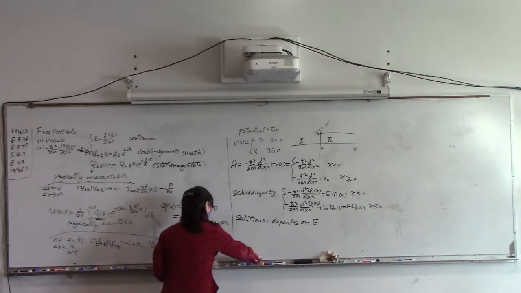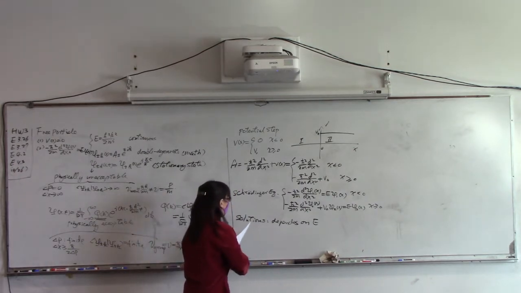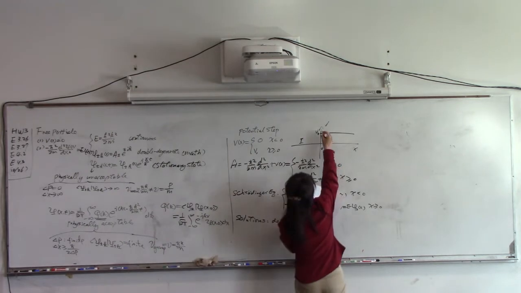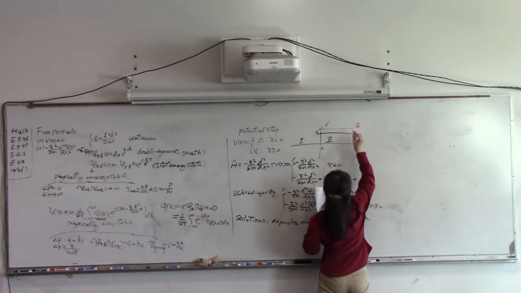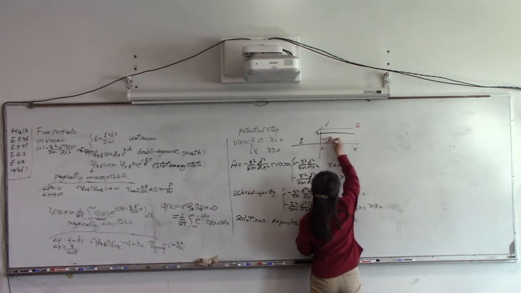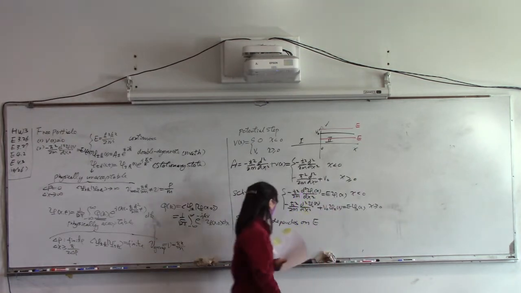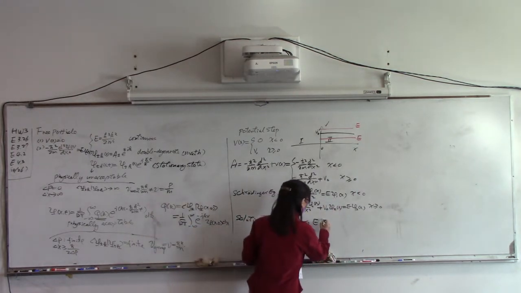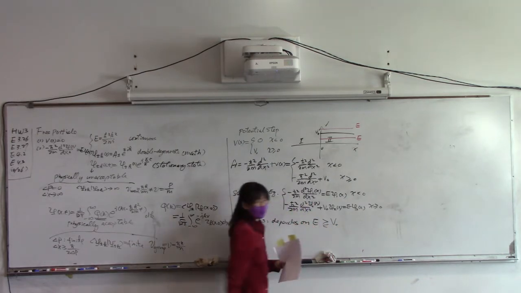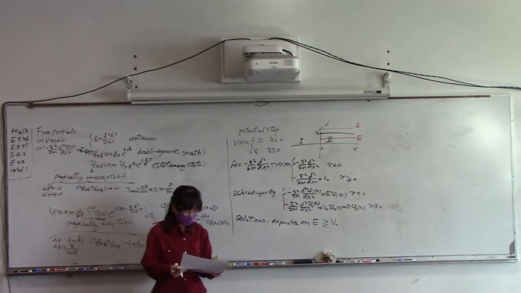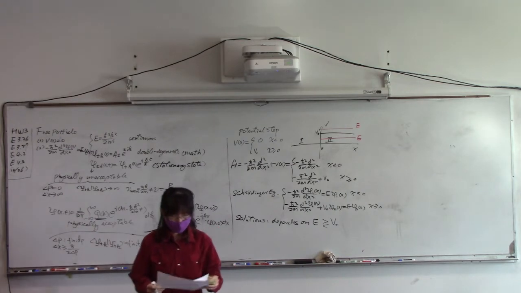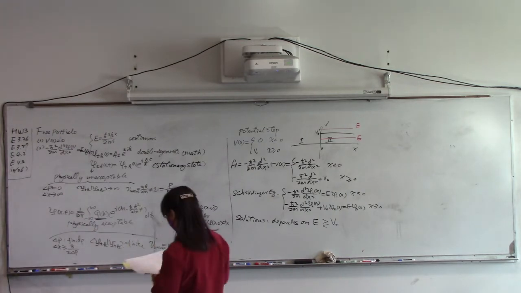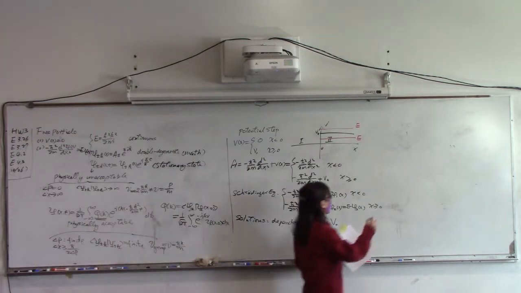If the initial energy is higher than this V naught, or lower, there are two cases. We are going to discuss them separately, since they will give us different solutions.